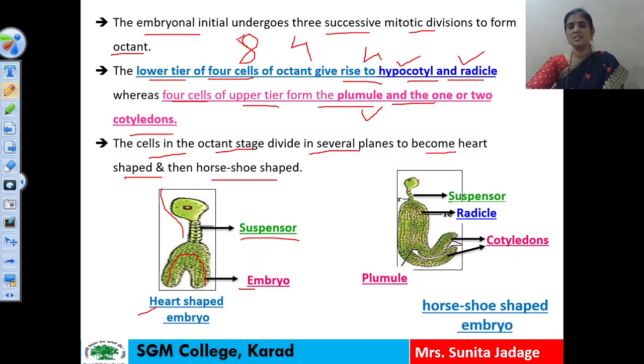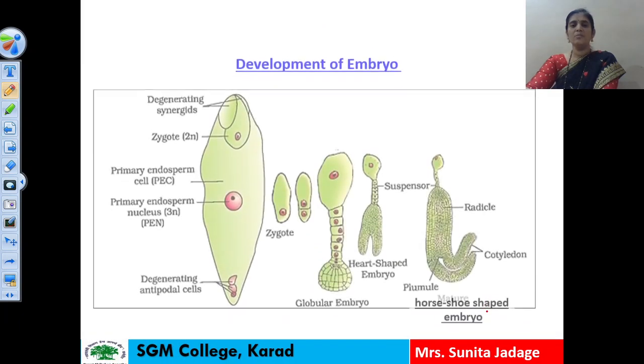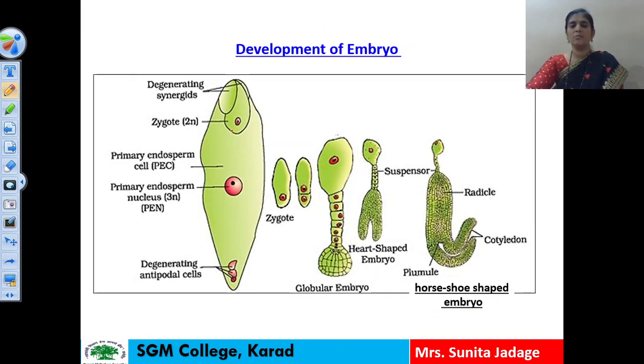You can see here this is the suspensor, and all the structures, that is radicle, plumule and cotyledon, are showing here in the horseshoe-shaped embryo, which is mature, and finally embryo development will be taking place. In this way, here we can see the development of embryo is taking place from the first stage.